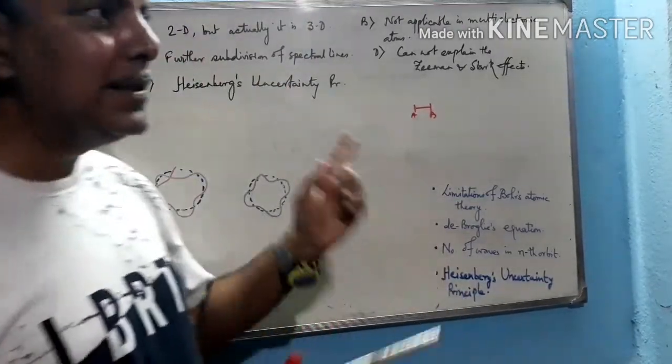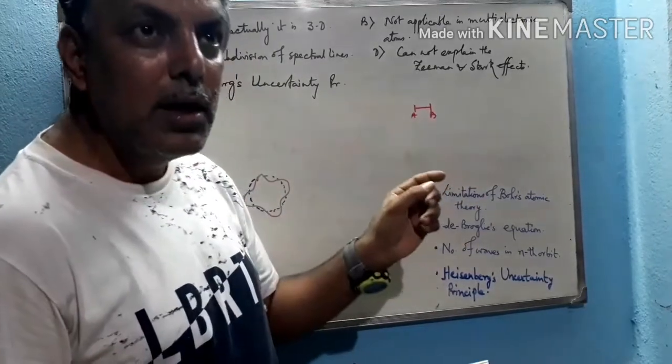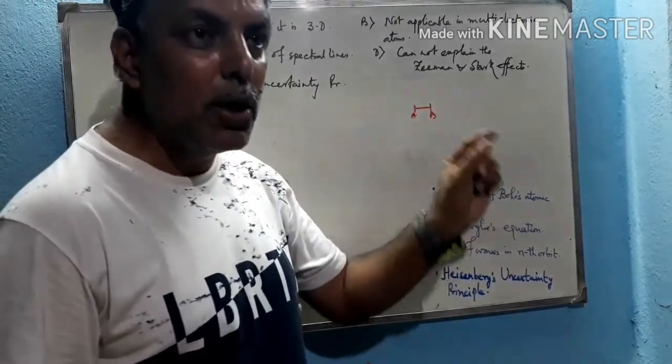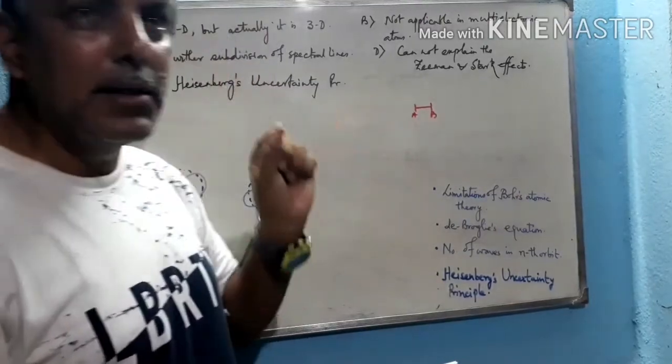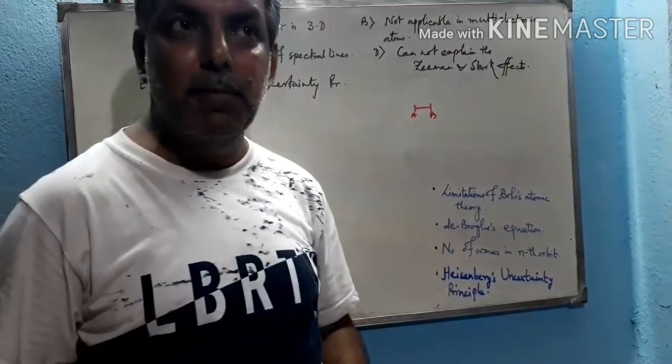So now we can say that we can't say anything about the fixed position as well as the velocity of that small ant. And this is the basic part of Heisenberg's uncertainty principle.